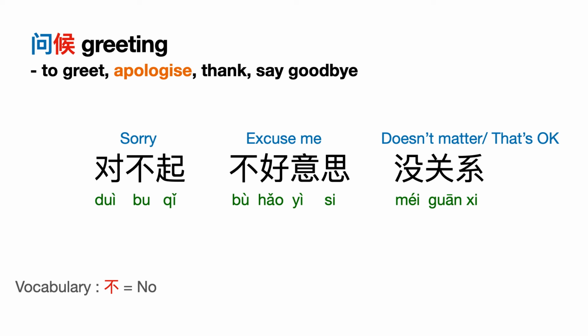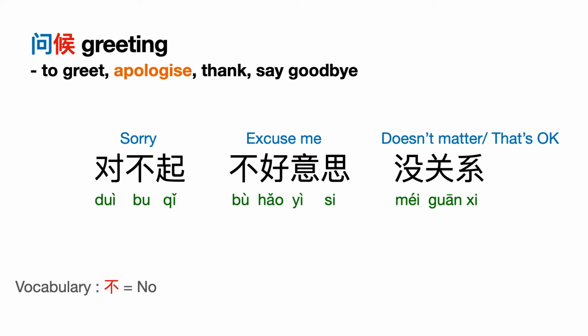Okay, but 对不起 sounds very serious, it sounds like you have made a big mistake. What about if you just want to say excuse me, or you made a small mistake but it's not enough to say 对不起? Then you can say excuse me in Chinese, 不好意思, bu, hao, yi, si, 不好意思.